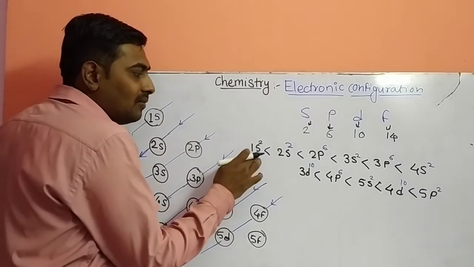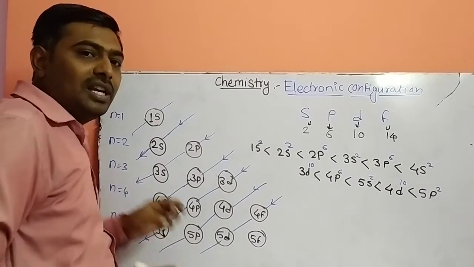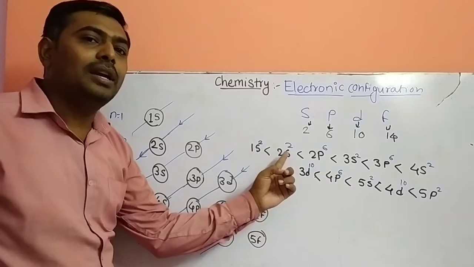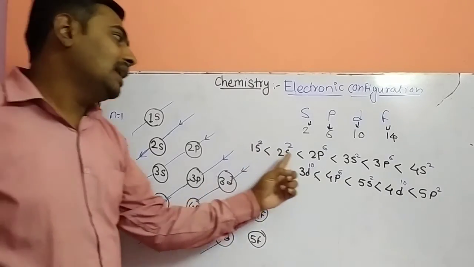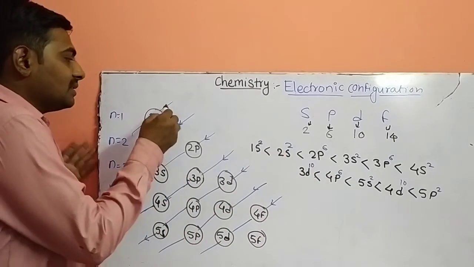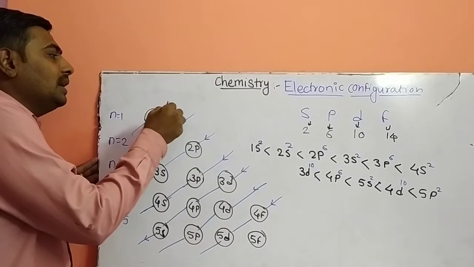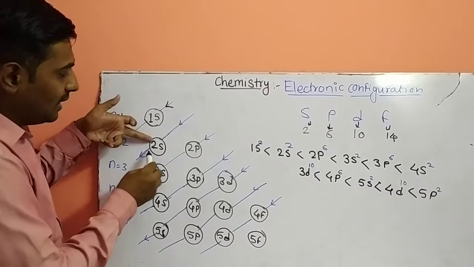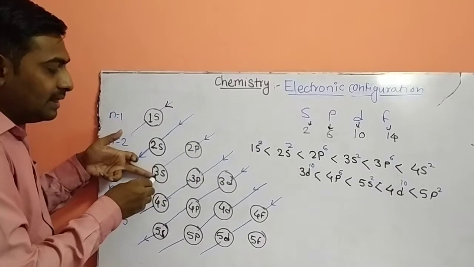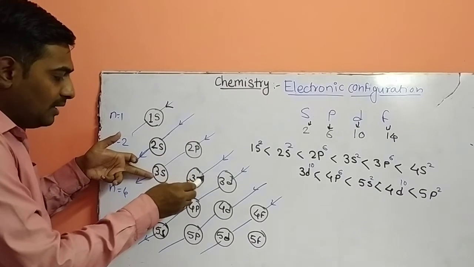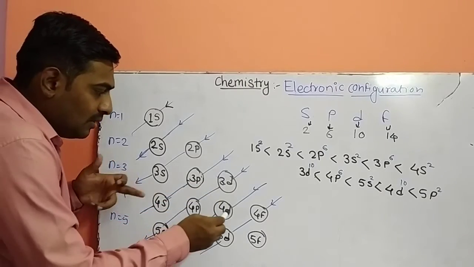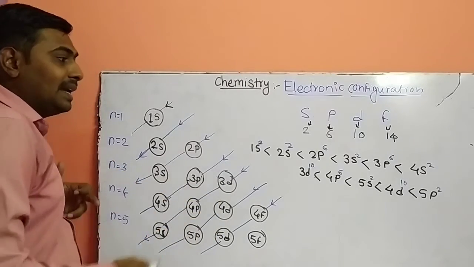The lowest orbital is 1s. When 1s is filled, the electron enters 2s. When 2s is filled, then the electron enters 2p. This electron filling order goes like this: 1s, 2s, 2p, then 3s, 3p, 4s, 3d, 4p, 5s, 4d, 5p, and so on.